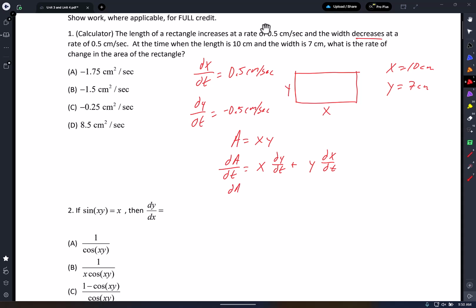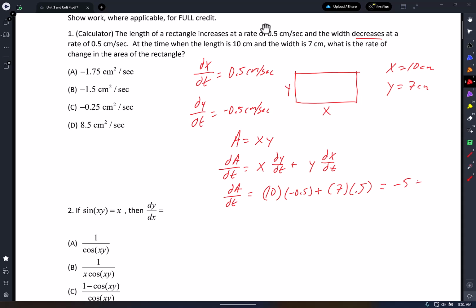So here it is, dA/dt evaluated when x is 10 and y is 7, or I guess you can just type it right in, because there are too many variables there. So x, 10, times dy/dt, negative 0.5, plus y, 7, times dx/dt, 0.5. Half of 10 is negative 5. And then half of 7, what's that, 3.5.